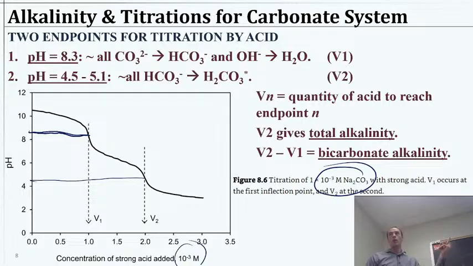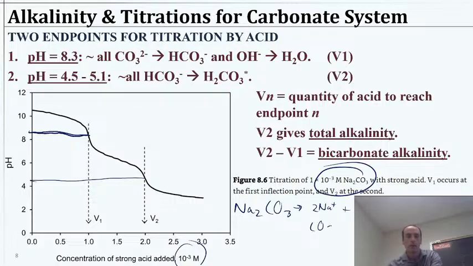So for every 1 mole of the CO3 2-, we need 2 moles of acid to completely wipe it away, right? Because when we add Na2CO3 to water, that's going to give us 2 sodiums and 1 CO3 2-. Okay, and our proton balance tells us to get from CO3 2- to H2CO3, we need 2 protons. So it's pretty straightforward here that V2 is going to give us the total alkalinity for a system.